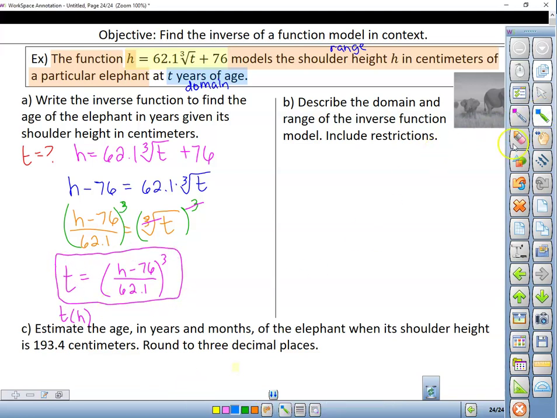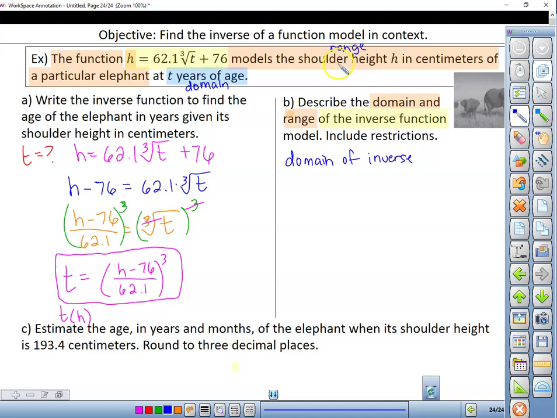All right. So now domain and range of the inverse function, which is our answer to part A. Domain and range of the inverse. So, again, what we know about an inverse is that compared to its function, the domain and range have switched. So when I'm looking at the domain of the inverse, it must be the same thing as the range of the function.